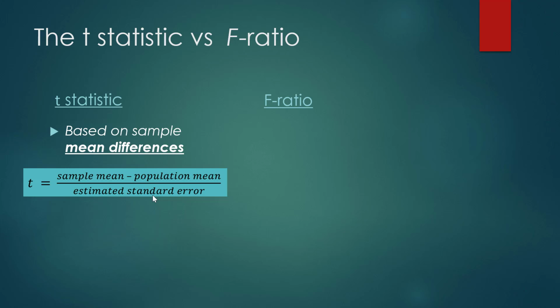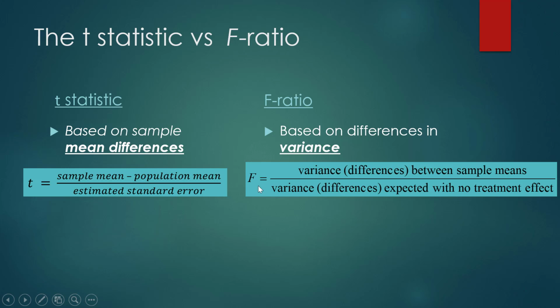Because it's difficult to know how to compare two or more means, in an F ratio we use variance. We're using the sample variance to know if there's a difference that's due to chance, random error, or due to the treatment effect. This is what our F ratio looks like: the variance or differences between sample means, and the variance or differences expected with no treatment effect.